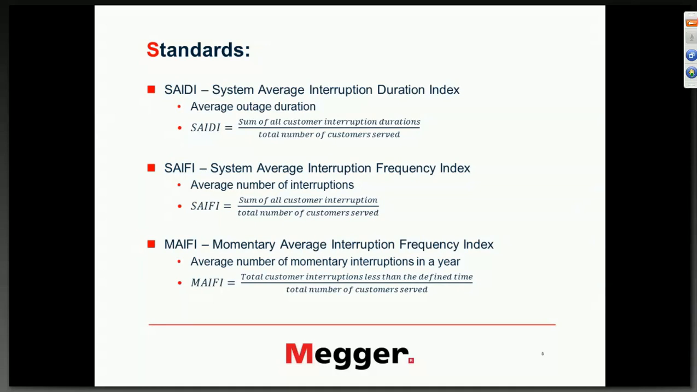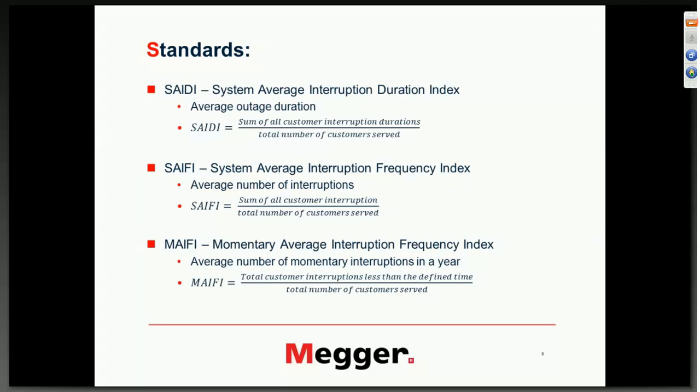The second one is SAIFI, which is the System Average Interruption Frequency Index. That is the average number of interruptions, given by the ratio of the sum of all customer interruptions by the number of customers served. Again, this needs to be as low as possible, because the occurrence of interruptions will generally lead to outage time as well.